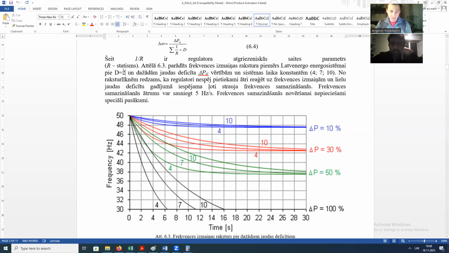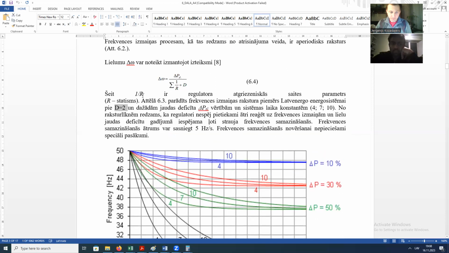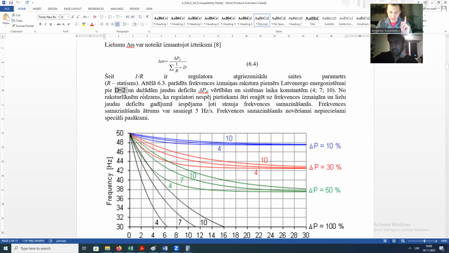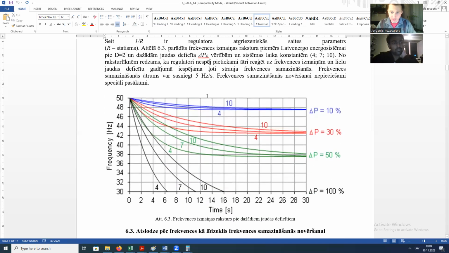And this D coefficient represents the load reaction. I'll find your definition a little bit later, but I need not to forget to talk about this D coefficient.